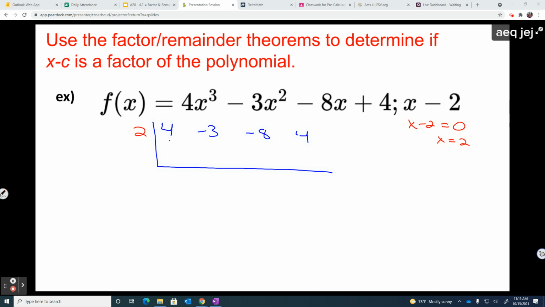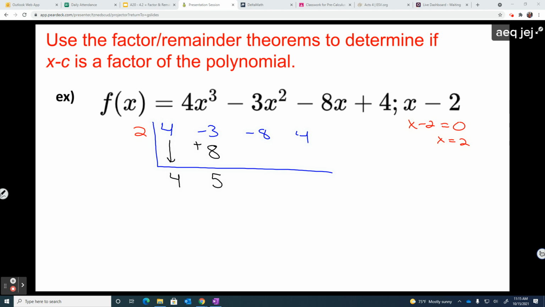Well, then what we're going to do is bring the first number straight down. We're just going to drop it down and write it right here. We're then going to multiply the number on the outside times the bottom number. So 2 times 4, that's 8, and we write it underneath the next number. We're then going to add these two numbers together: negative 3 plus 8 is 5, so we write it down here.